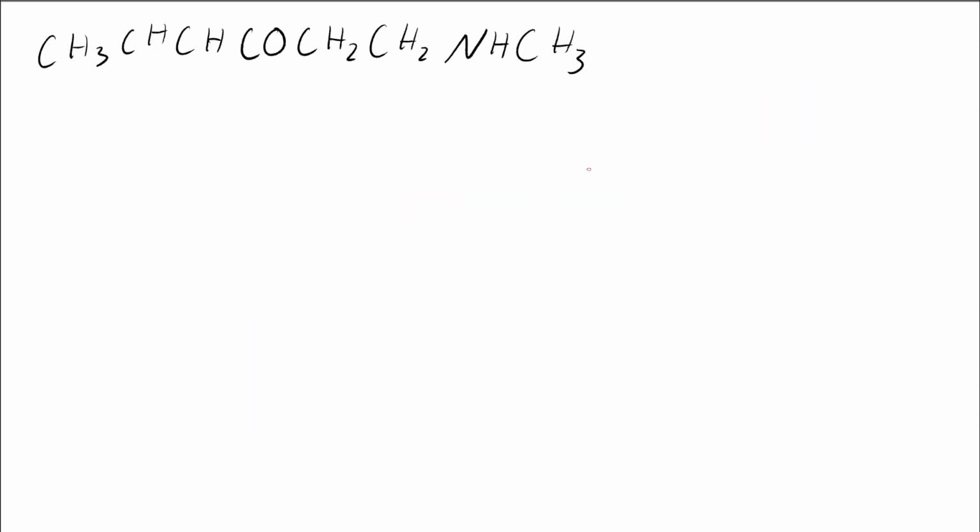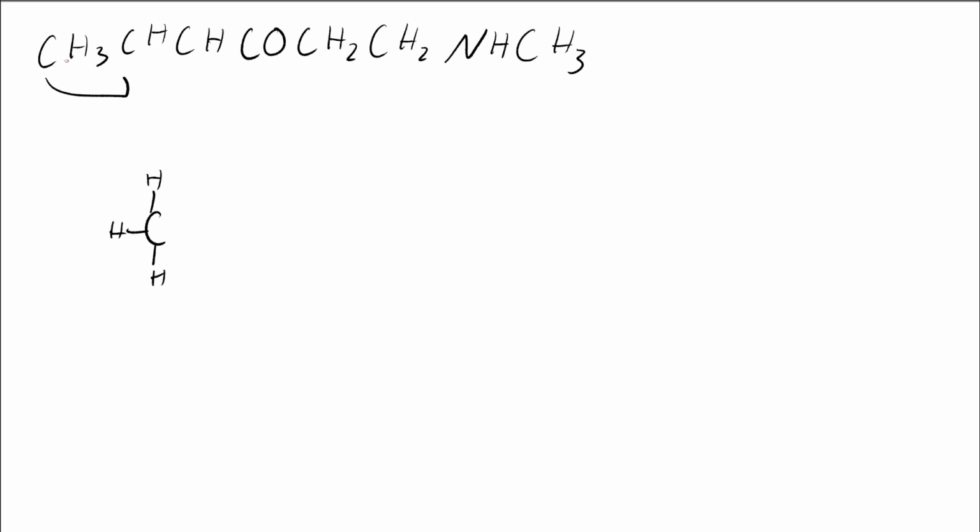For this problem, I want you to write out the line structure for this molecule, and I want you to do the hash and wedge. All right. So I noticed that we have a CH3, which is a methyl. Since we have a CH3, it follows that we would have a carbon attached to 3 hydrogens. It's at the end.